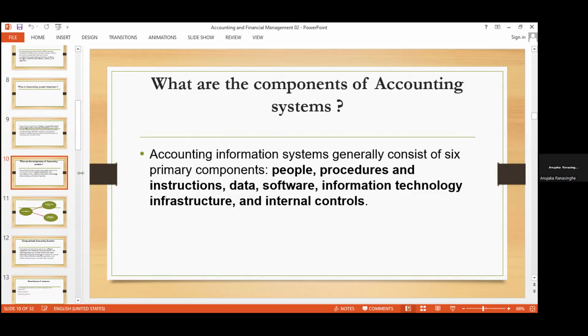These are the components of the accounting system: people, procedures and instructions, data, software, information technology infrastructure, and internal controls.